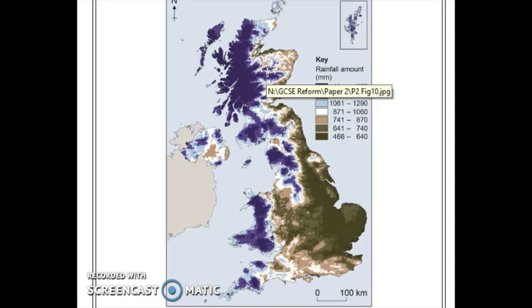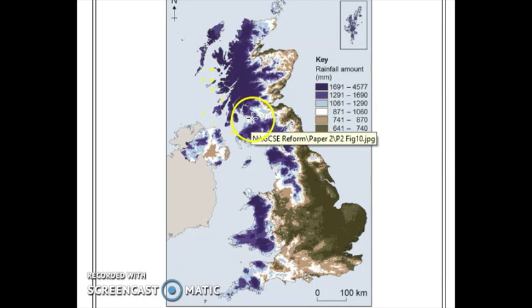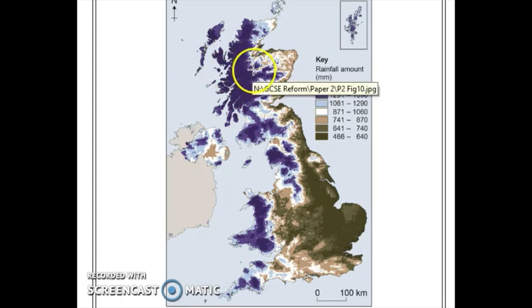So what we can see from the first one, this shows us basically where it rains in the UK. So we could say that if we use this map, the areas of water surplus, so that's the key term, water surplus is where you have more water than perhaps you need, will be mainly in the north of the UK. So in places like Scotland, north, west of England, and Wales as well.